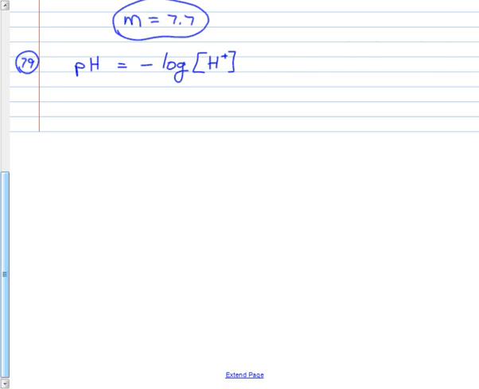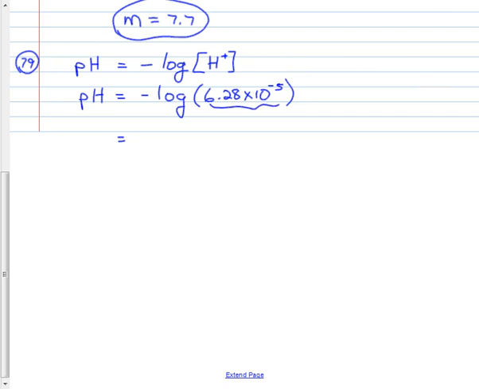So they tell us that the concentration is 6.28 times 10 to the negative fifth. Becomes a calculator problem. Make sure you can enter that scientific notation number in your calculator.